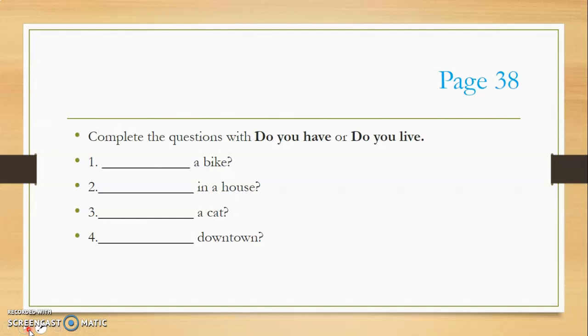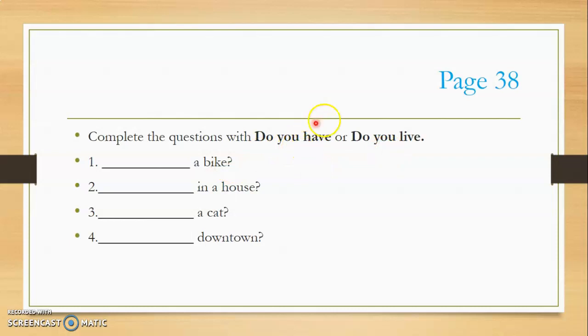Do you like? Do you have? Do you live? Okay? So, in here, the point is that we need to know if we're going to use do you have or do you live, okay? Usted tiene o usted vive, okay?